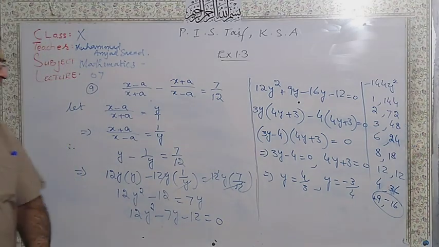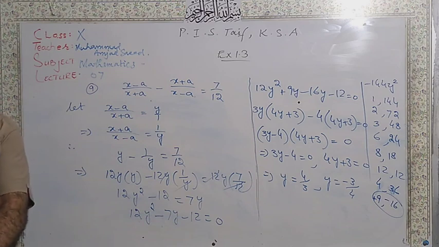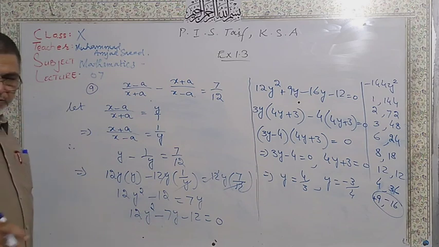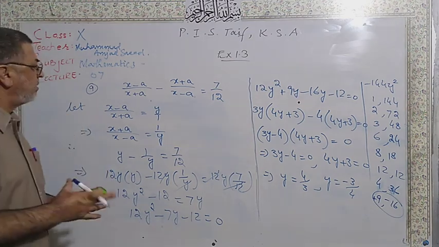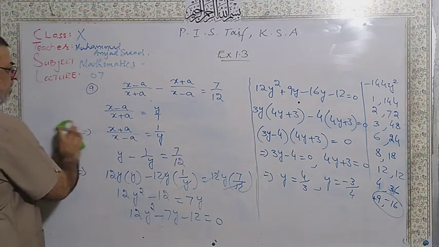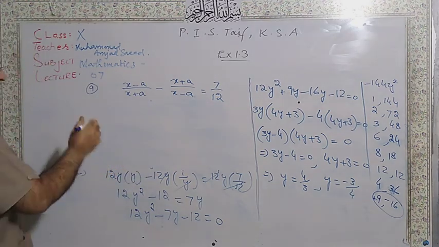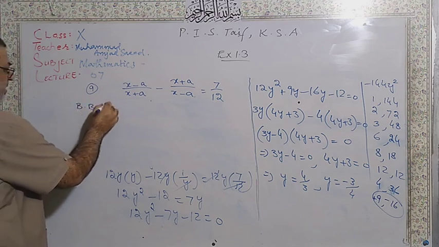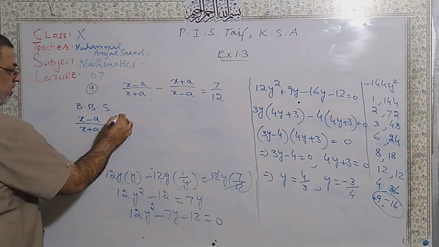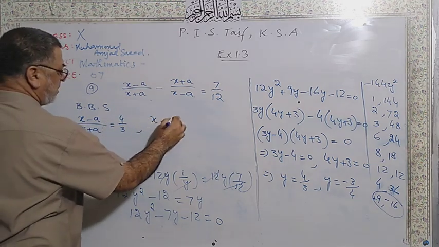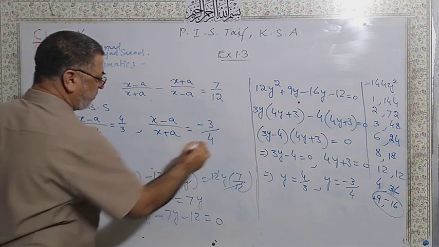Again, you are getting your answer in terms of the y variable, but you have the x variable in this question. So that's why you can use this value by backward substitution. Using backward substitution, we have (x minus a) over (x plus a) is equal to 4 over 3, and (x minus a) over (x plus a) is equal to minus 3 over 4.